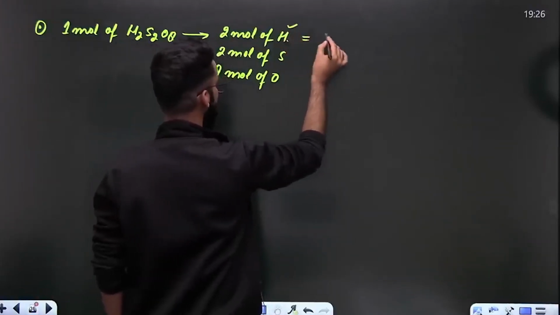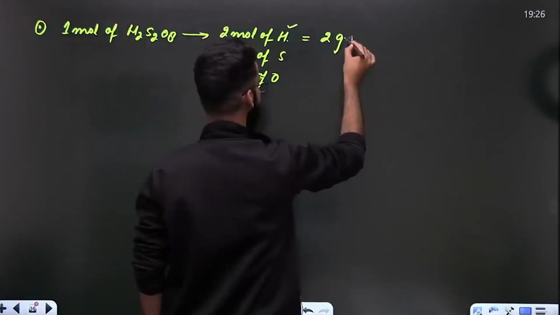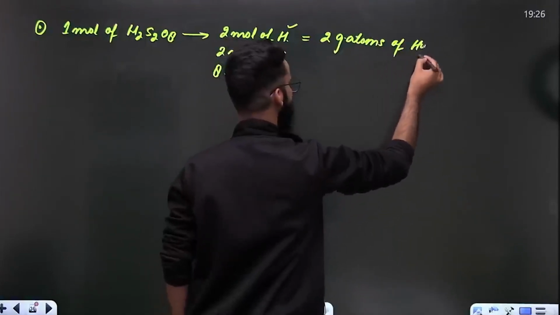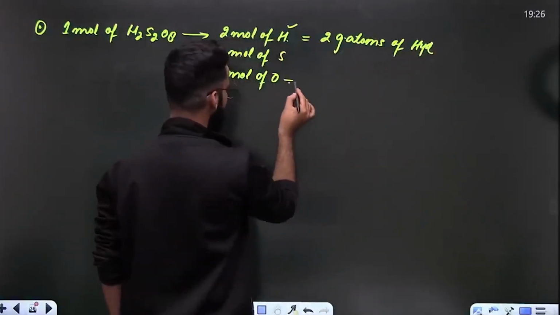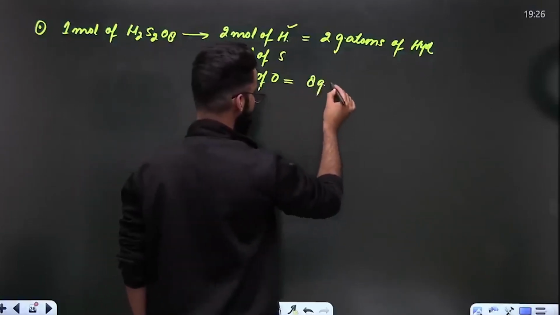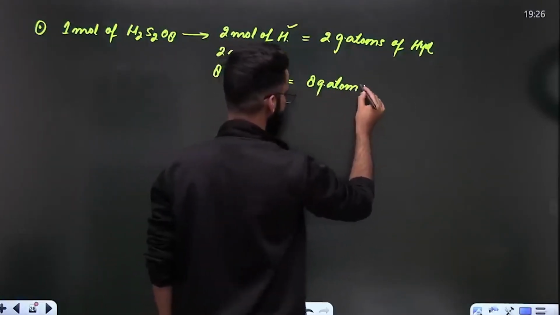Hydrogen here is in atomic form. So instead of moles, I'll write 2 gram atoms of hydrogen. Similarly, instead of 8 moles of O, oxygen here is in atomic form, I can write 8 gram atoms of oxygen.